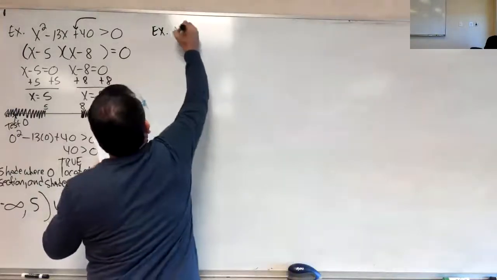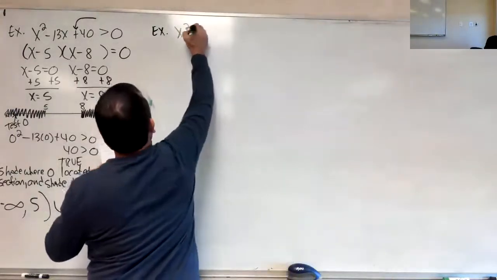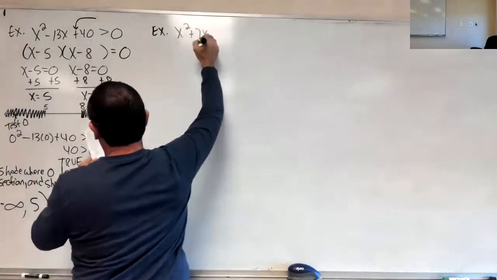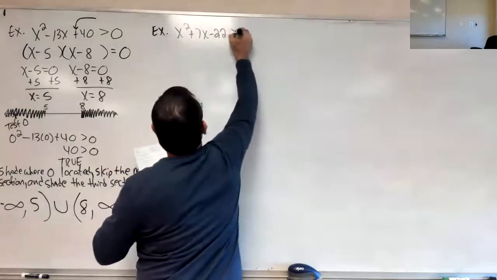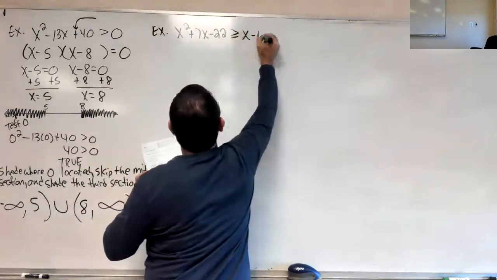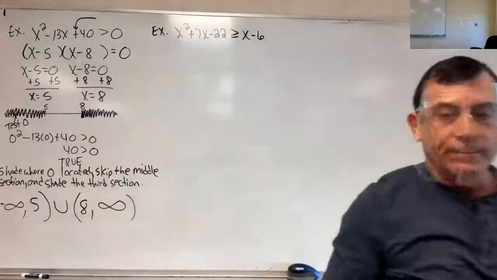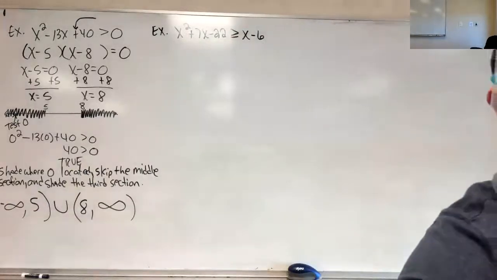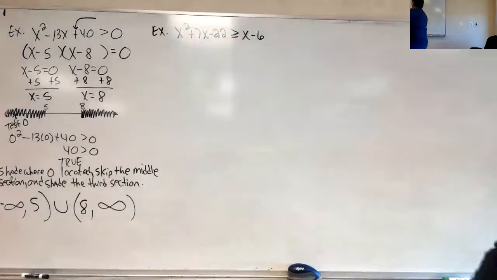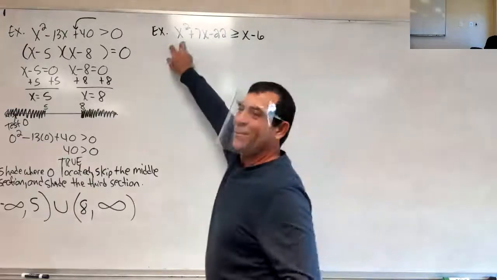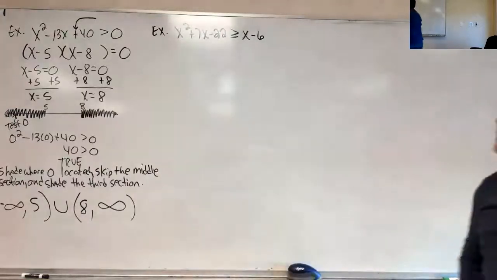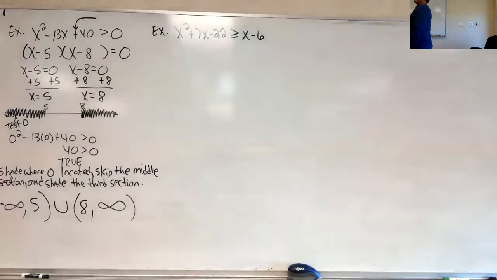So this one I got an x squared plus 7x minus 22 is greater than or equal to an x minus 6. So first thing I would do if I was y'all would take these and put them on the other side. I'm just going to do them both at once.